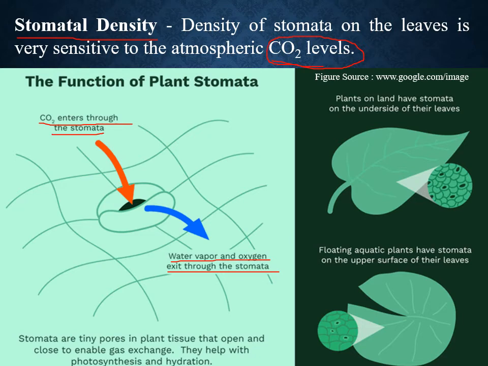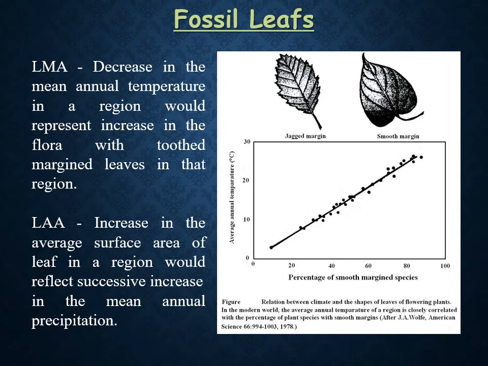So indirectly, by studying stomatal density, we can also get an idea about the average temperature condition of that time. Not only that, the morphology of fossil plant leaves will also give us idea about the climatic condition. Say for example, the leaf margin analysis.